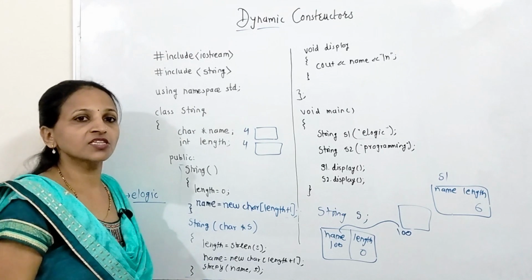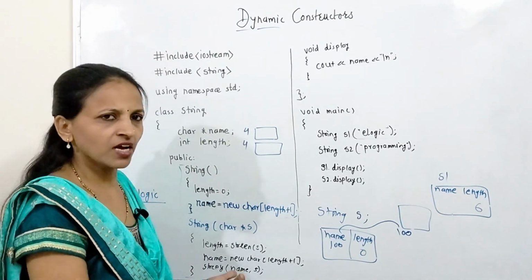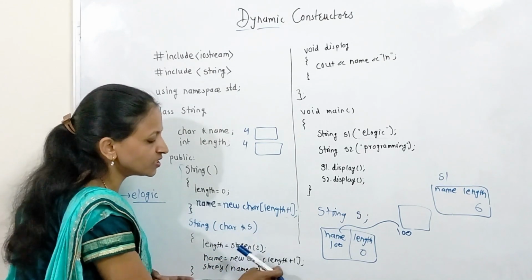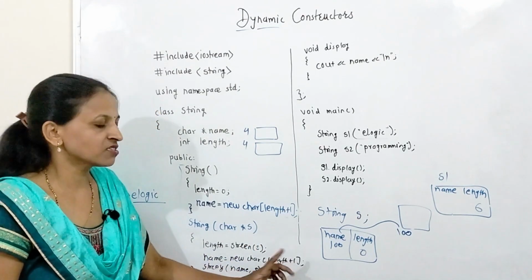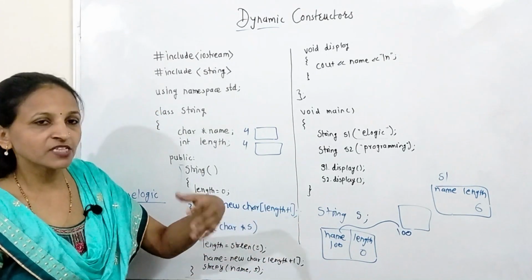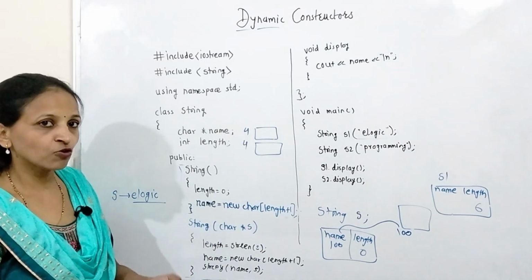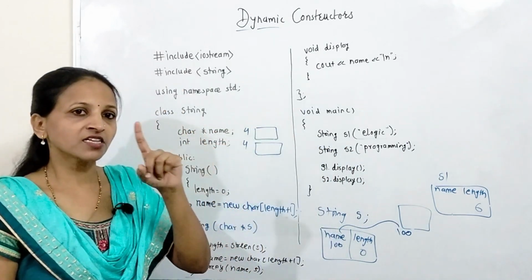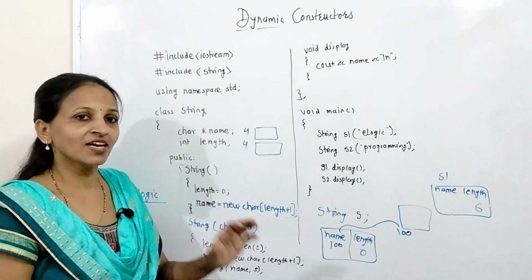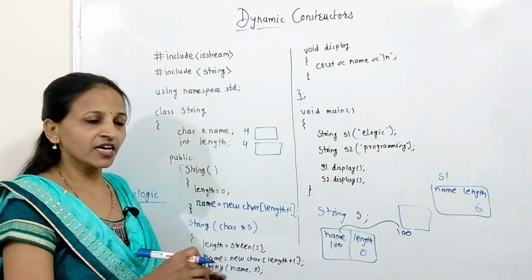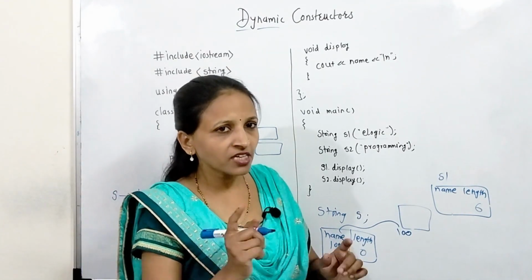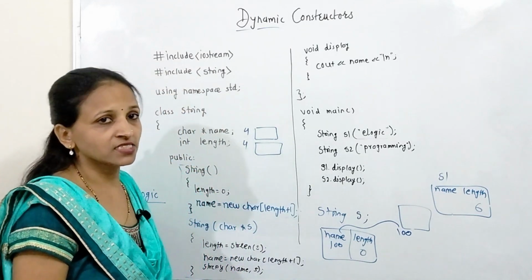Now how do we allocate space dynamically? With the help of the same thing again, the new operator. Char, how much space do we have to allocate? Length plus 1. Length is 6, 6 plus 1, so 7 characters of space we have to allocate. We have just discussed that there should be 1 extra character of space for storing the null character. Always, if any character array is ending with a null character, only then will it be considered a string.